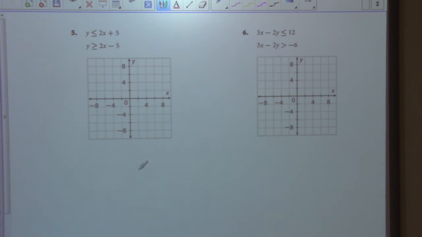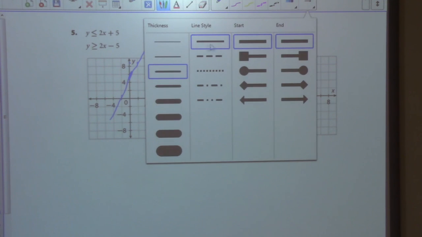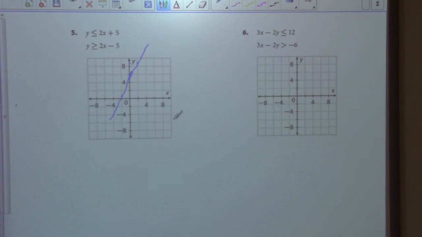Okay, so the first one, the line is up to 5, and then go up to over 1. It's kind of like this, and it's a solid line. Oh yeah, that's perfect. And then the second one, the line starts at negative 5, and the slope's the same, and there's another solid line.